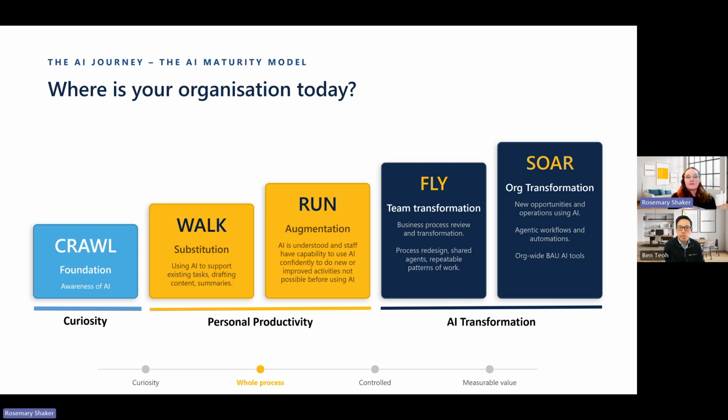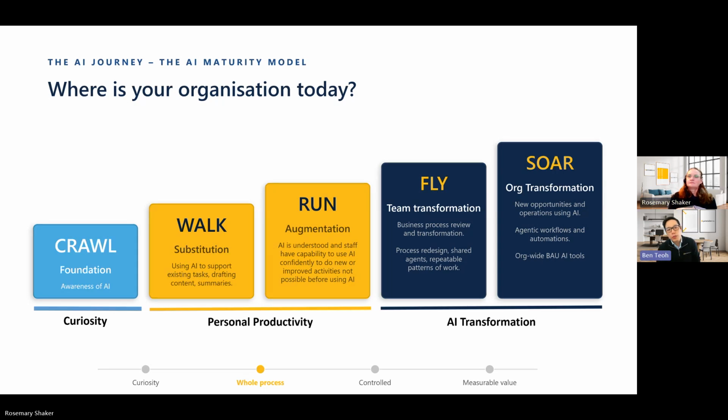But it really talks about that journey that organisations go on and that people go on as we learn and change the way in which we behave. And so this is really understanding where you're at in your journey and how you move from one stage to the next. And you need to go through these stages as well. Ben, do you want to add some info in here?